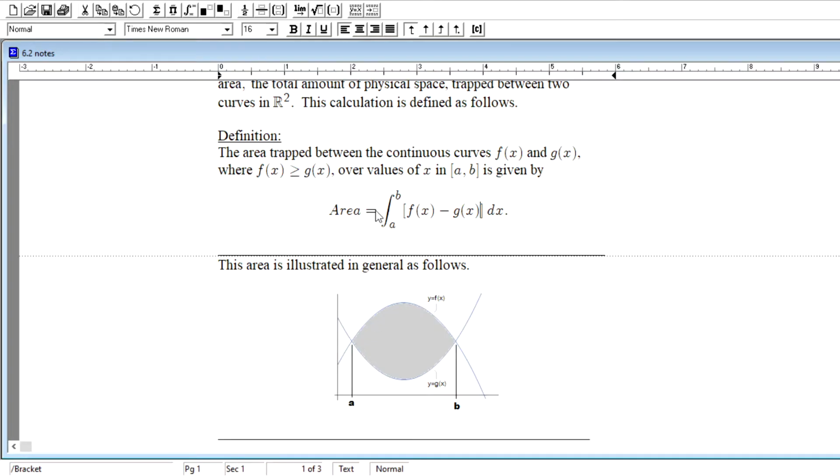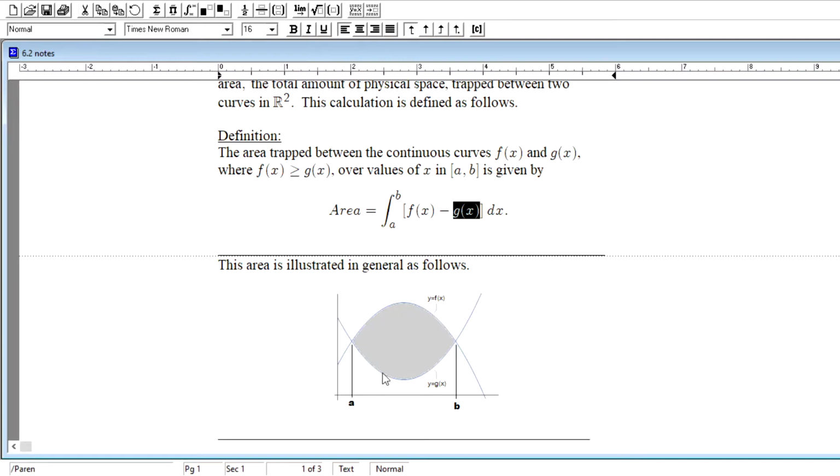And what we can calculate here for this region is the physical area trapped in this shaded region of space between these two curves. What we are integrating here from a to b is function f of x, the area trapped under f of x, which would be all the area between f of x and the x-axis, minus the area trapped between g of x and the x-axis.